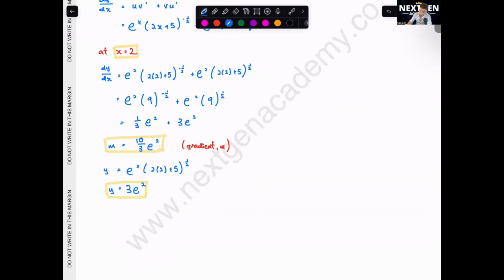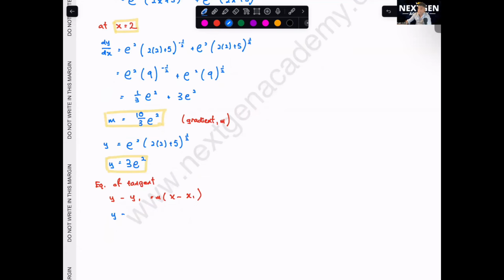Now, we are going to find the equation of the tangent. The formula that we're using is the straight line, which is y minus y1 equals m times x minus x1. Y minus 3e squared equals 10 over 3 e squared times x minus 2. Okay, I like to put it into y equals mx plus c. So we rearrange it: 10 over 3 e squared x minus 20 over 3 e squared.